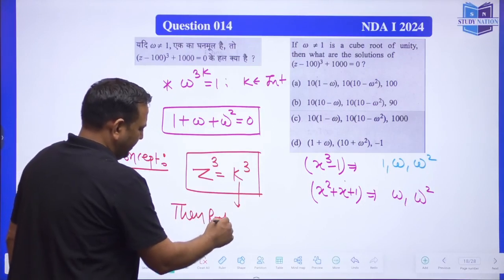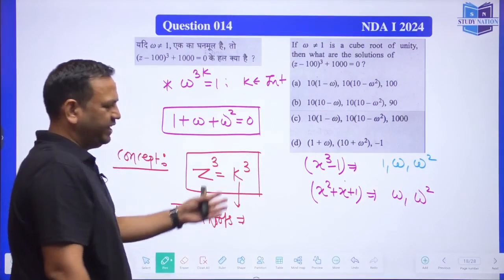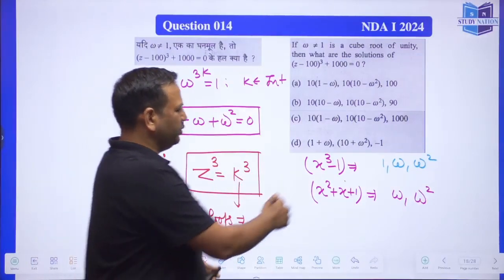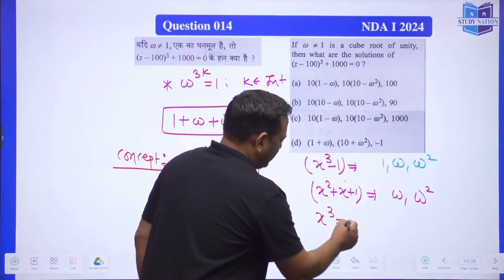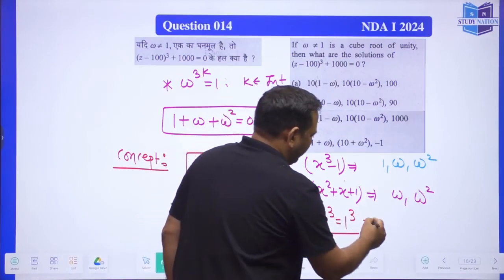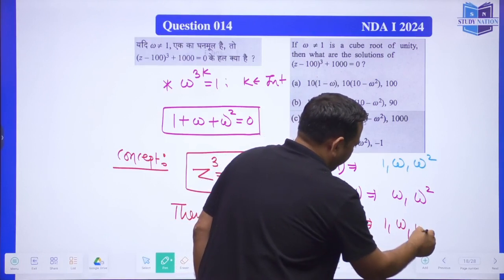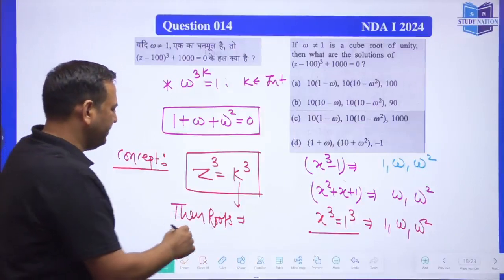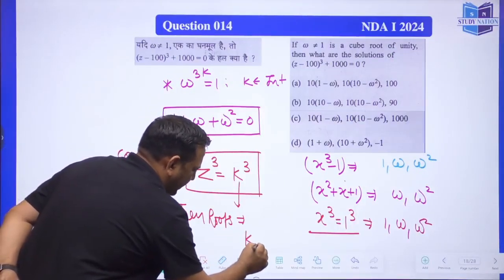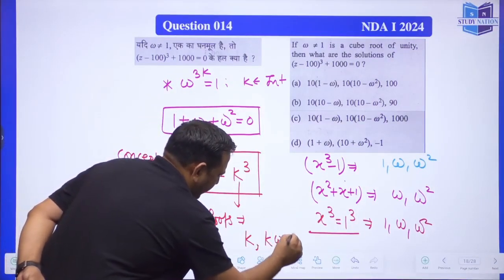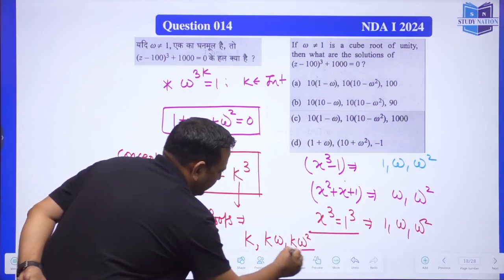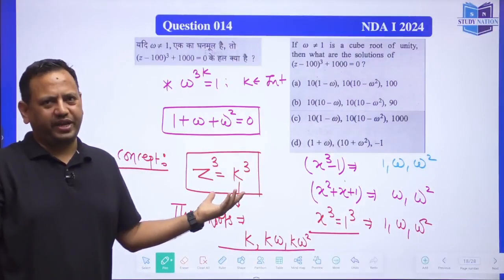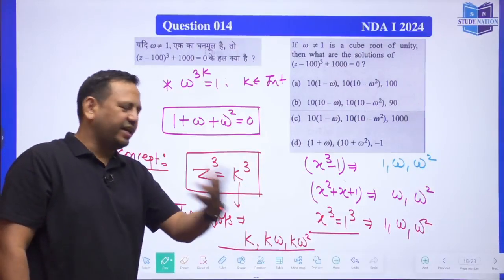Just as for x cube equal to 1 cube the roots are 1, omega, omega square, here we multiply by k. So the roots would be k, k omega, and k omega square. And if k is given, you have to calculate the cube root of k.